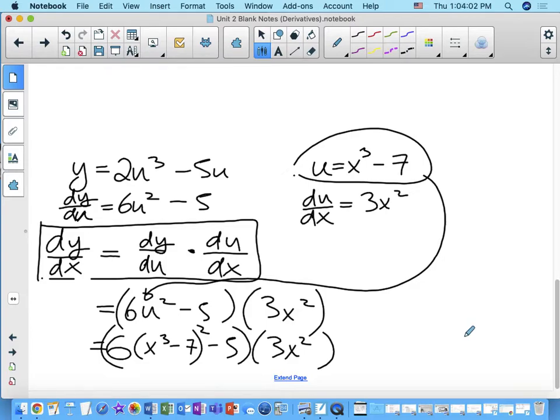Probably make a better door than a window. All right, are we good? Yeah? Okay.